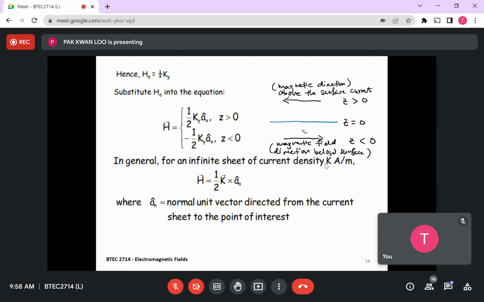Even though most textbooks will tell you that everywhere above the surface current is the same, and everywhere below the surface current is the same.